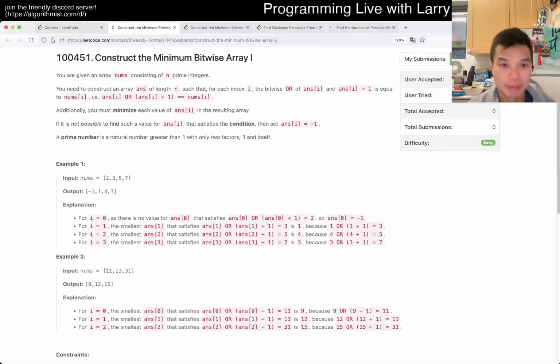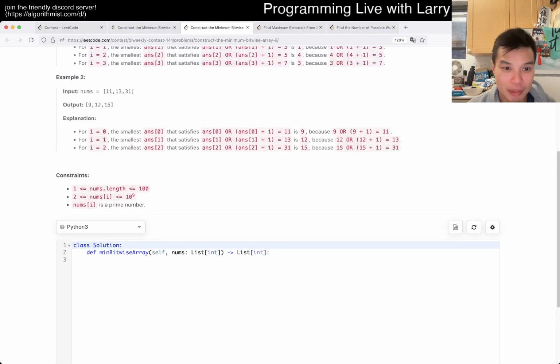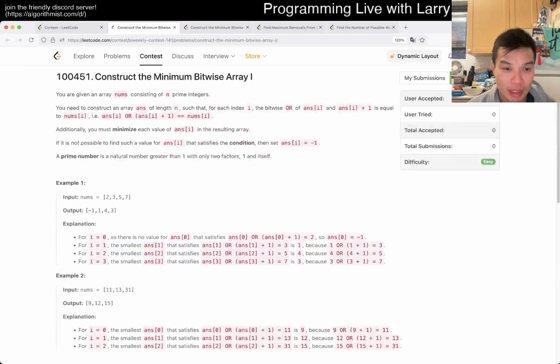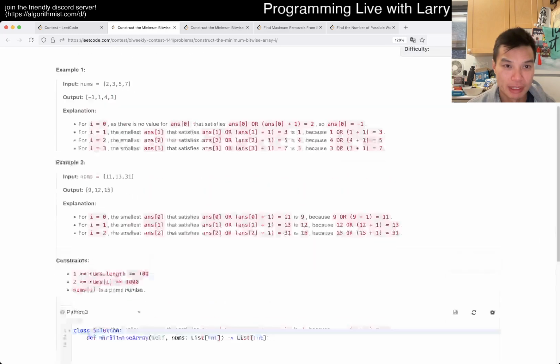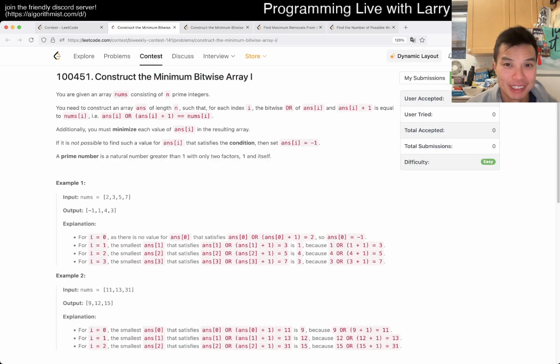Alright, the first two problems seem to be the same, except the range goes from 1,000 to 10 to the 9. Okay, let's actually read the problem. And prime numbers.